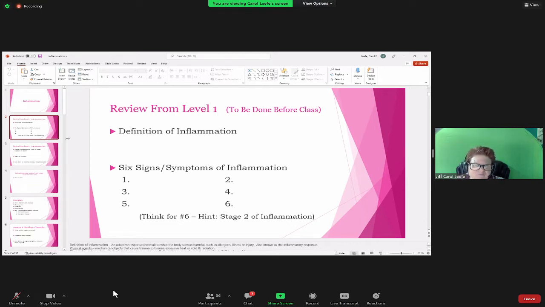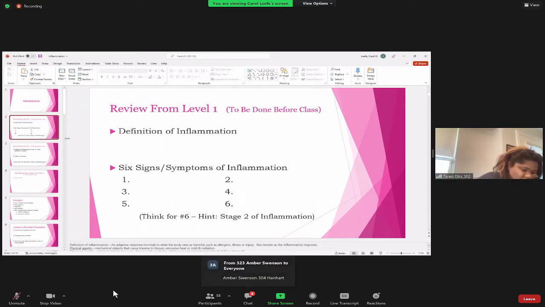You know, that's the first part of the puzzle before granulation and all that starts to occur. Okay, so all of these allergens and things that the body sees as harmful, that could be physical agents, chemical agents, microorganisms, allergens.